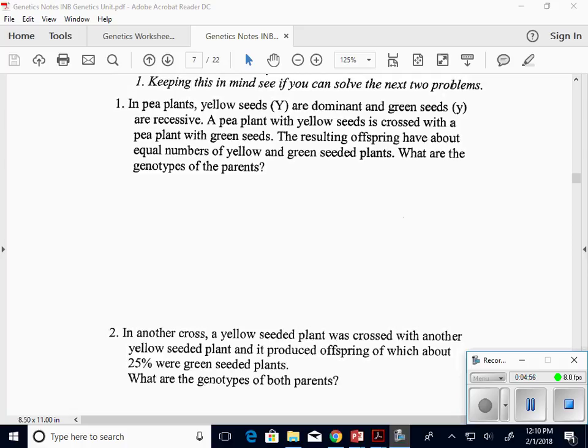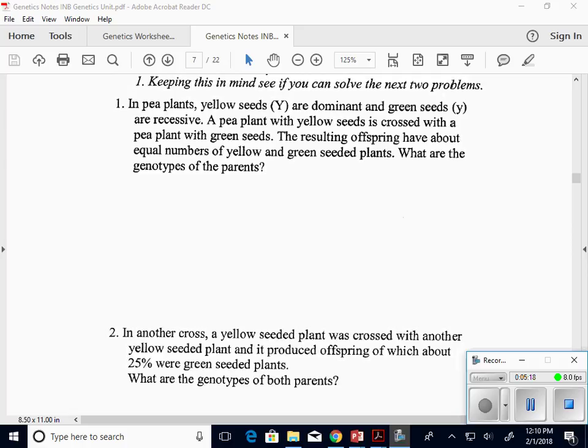A pea plant with yellow seeds is crossed with a pea plant with green seeds. The resulting offspring have equal number of yellow seed and green seed plants. What are the genotypes of the parents? What are the genotypes of the parents?